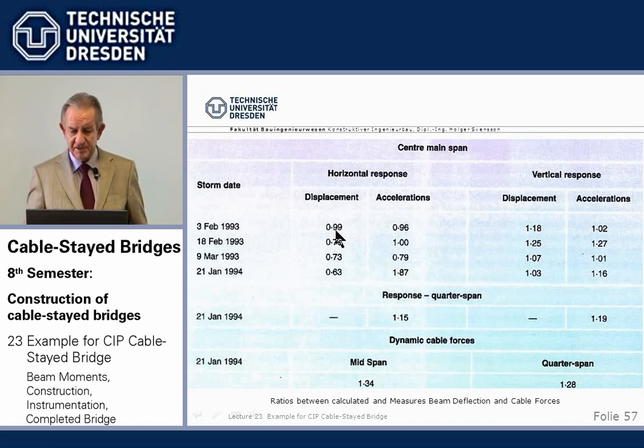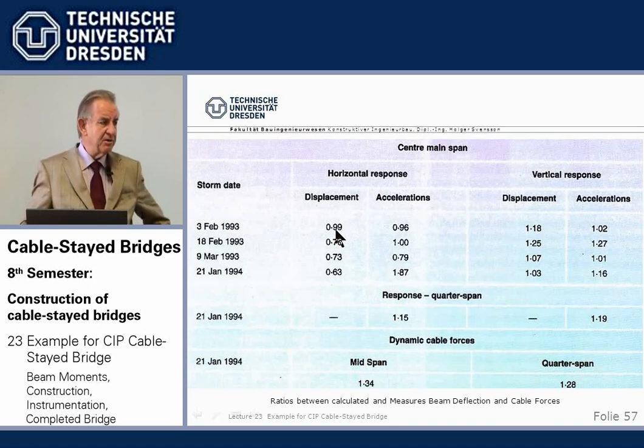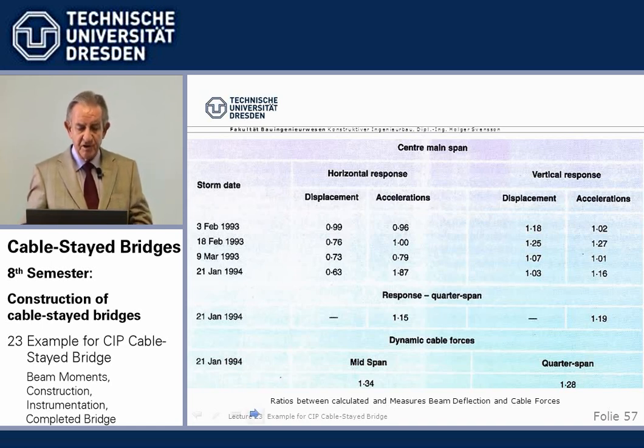And if it says here 99, it means the measured value came to 99% of the calculated. It's amazing. So, for various storms, you see here the storms February, March, and January 94. Mainly these heavy storms are in winter.